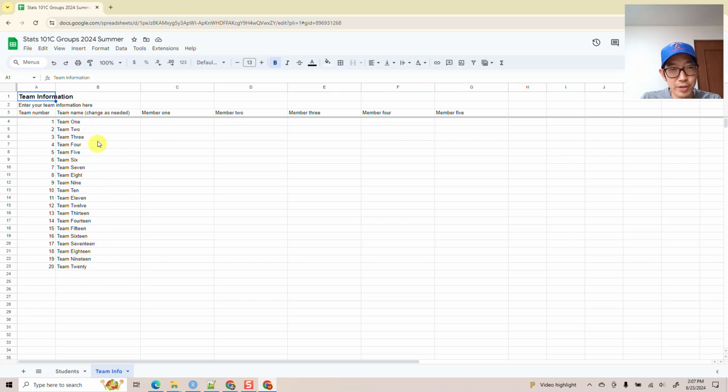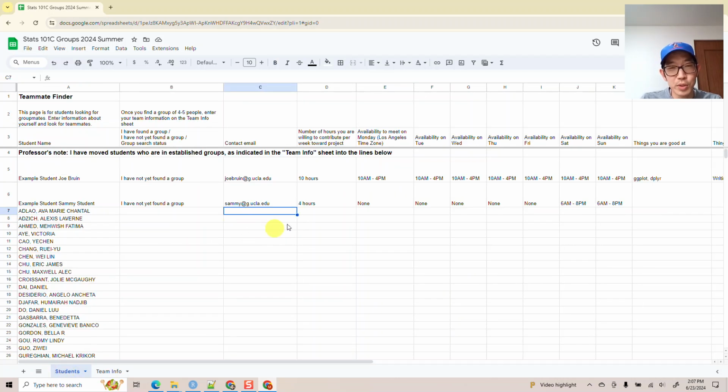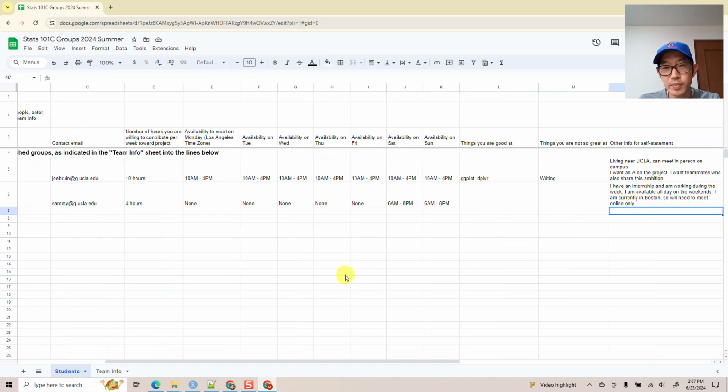I've got team 1 through team 20 or whatever, and you'll just put your names in here. That's fine. Okay. You can put in your contact information, how many hours per week you're willing to contribute towards the project, and then your availability to meet on Monday through Sunday.